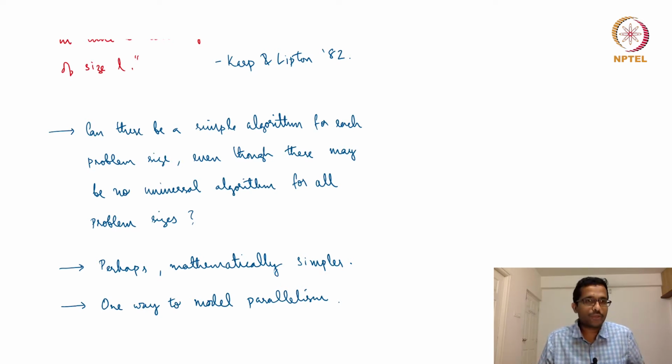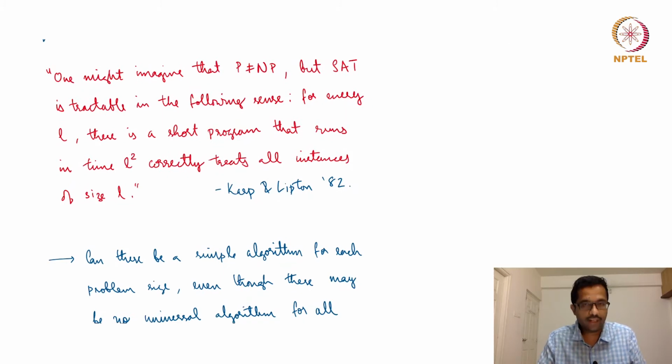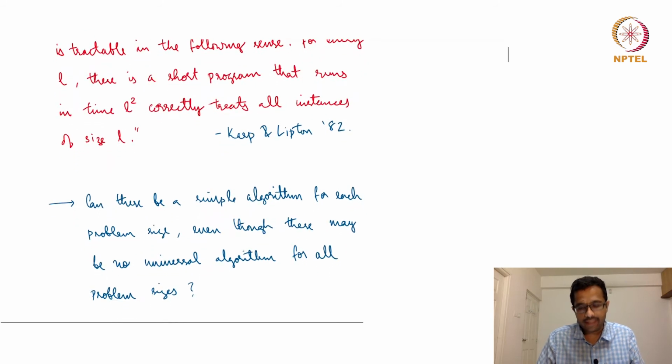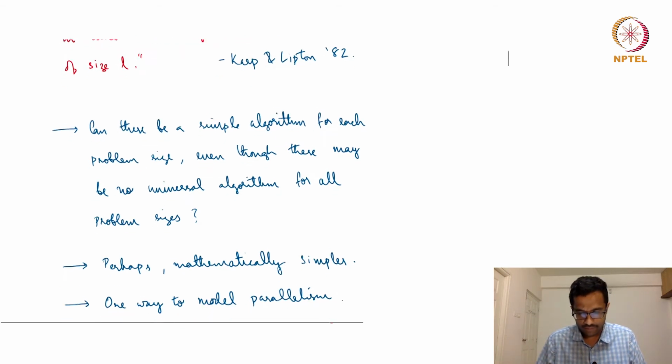However, it was later shown that it is unlikely that even this question is going to be true. The same question that Karp and Lipton asked here was shown to be unlikely to be true, because if this was true, something else unlikely happens. However, this was an initial motivation to study circuits. Perhaps this distinction may help us resolve P versus NP.